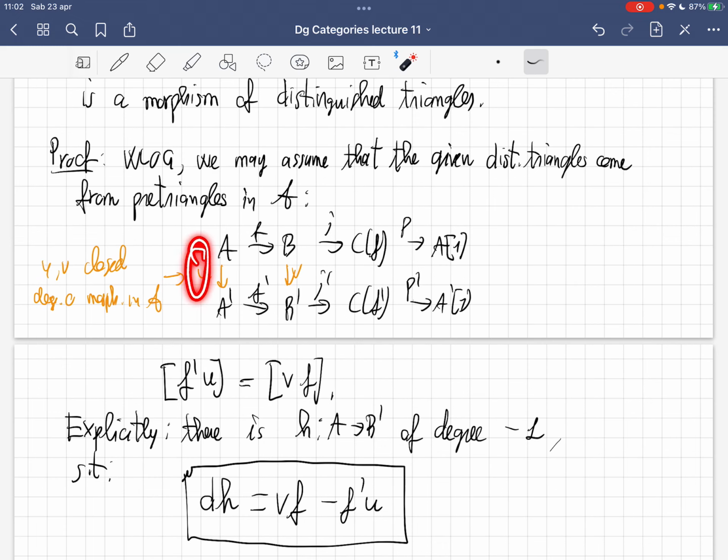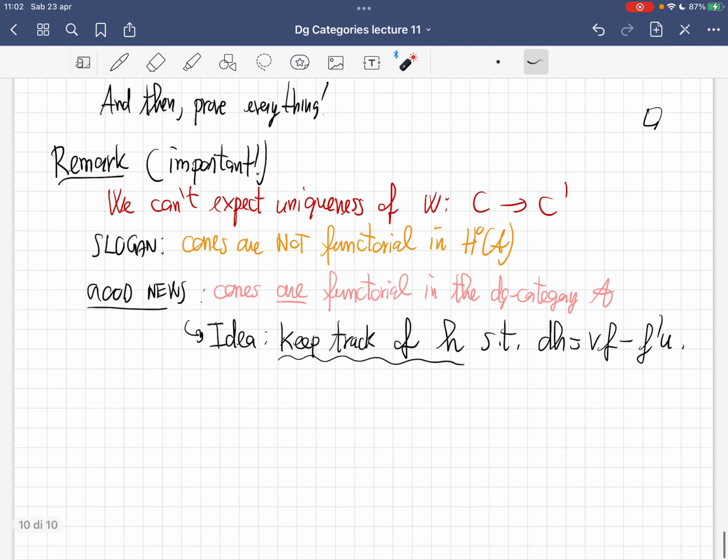Then if my starting data is this plus this and this, then the morphism between the cones is actually unique, and the cone is actually functorial in this sense.